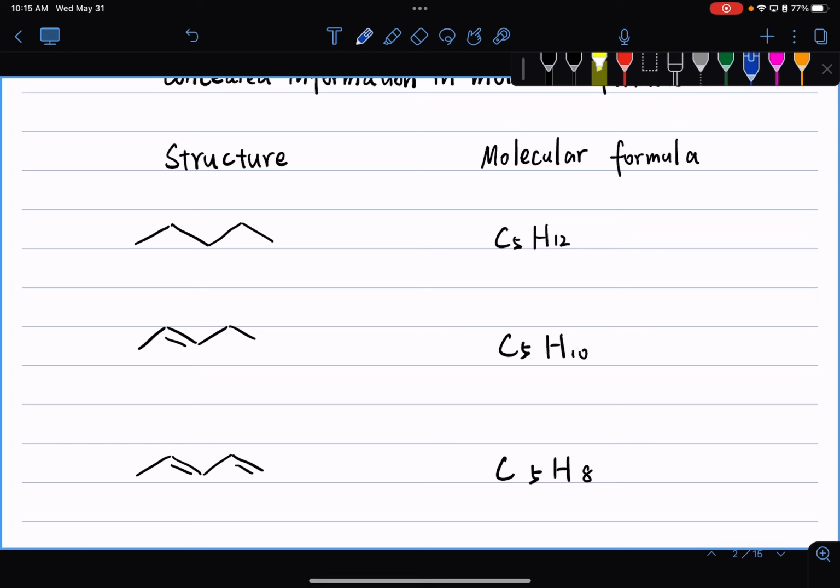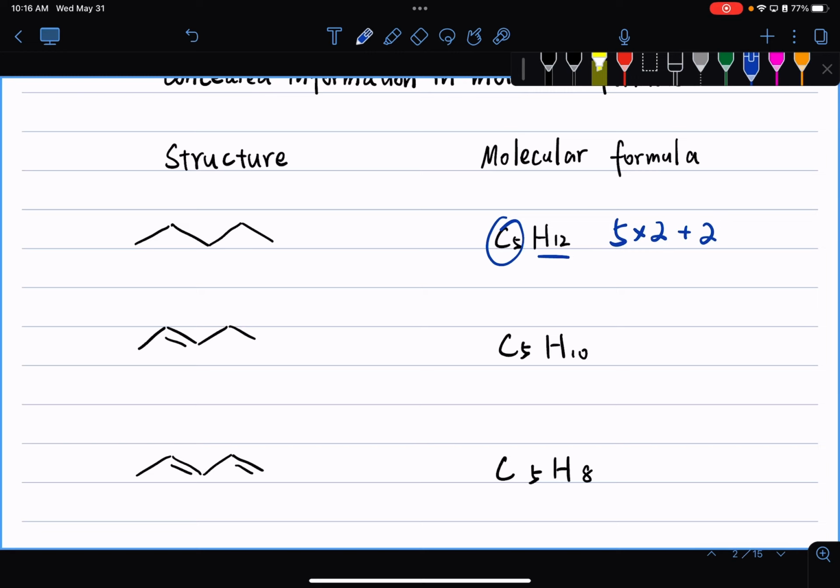Let's use the all saturated example, the linear pentane. We have 5 carbons and 12 hydrogens. That's 5 times 2 plus 2 for your all saturated linear pentane.